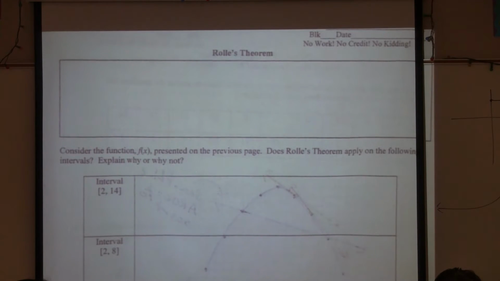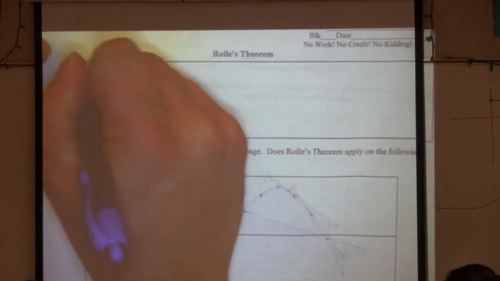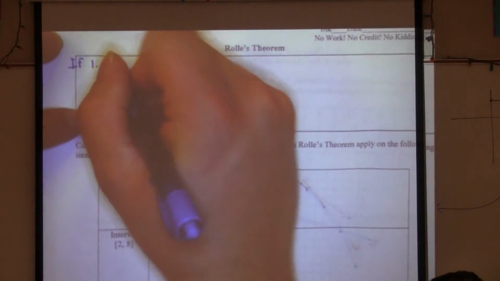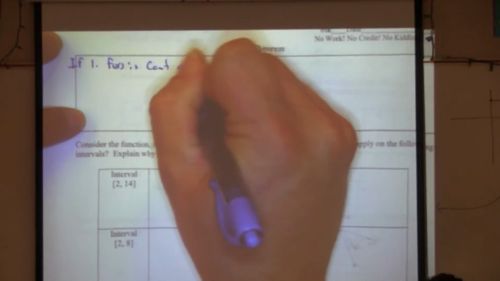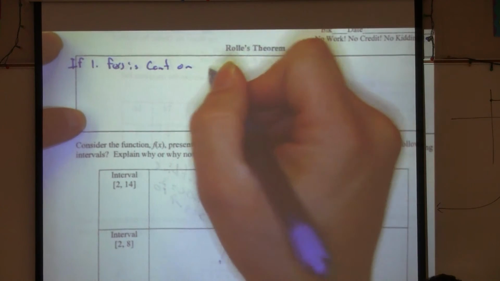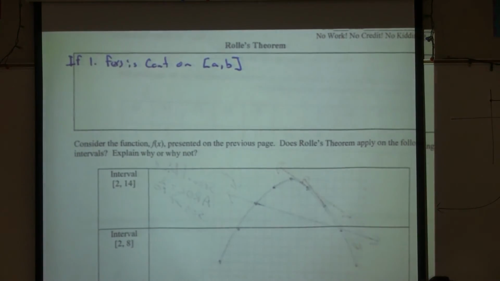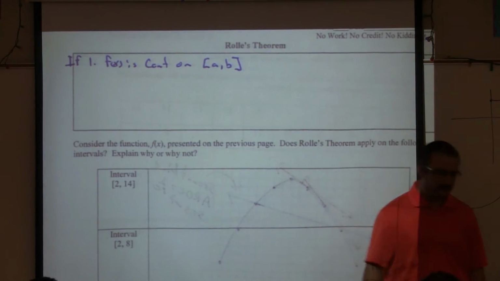Alright, well let's look at it. So, for Rolle's theorem to apply, these conditions have to be satisfied. So, if 1, f of x is continuous on the closed interval AB, that's the first thing. f of x has to be continuous on the closed interval AB.